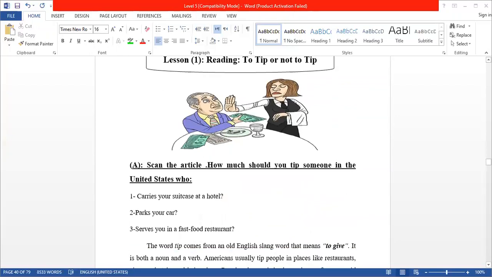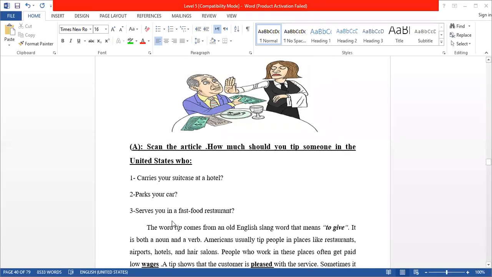Scan the article. How much should you tip someone in the United States who carries your suitcase at a hotel, parks your car, serves you in a fast food restaurant?